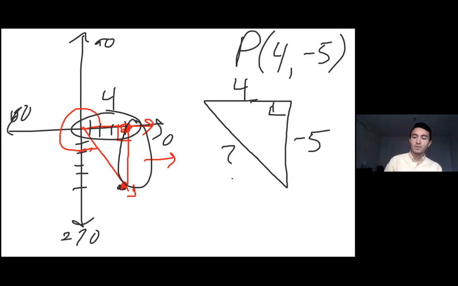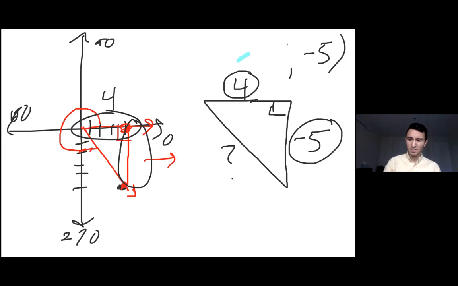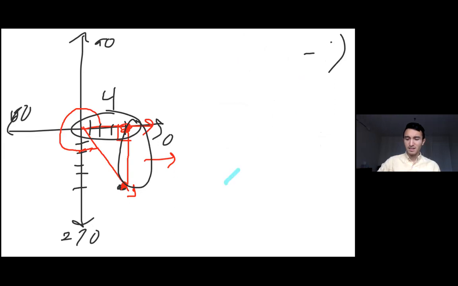So the x value becomes one side, the y value becomes the other side, and then you use those two in the Pythagorean theorem to find the hypotenuse. So let's do that. Let me just redraw the triangle here on its own without the graph.